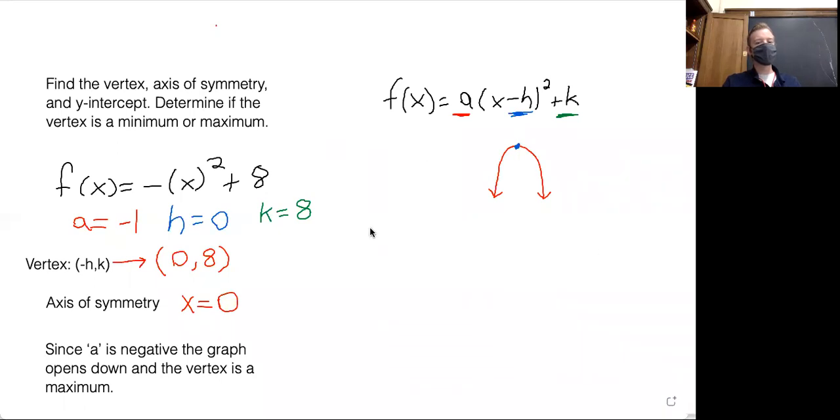So for our y-intercept, this is where we actually have to do a little bit of calculations. So we're going to plug 0 in for our x's.